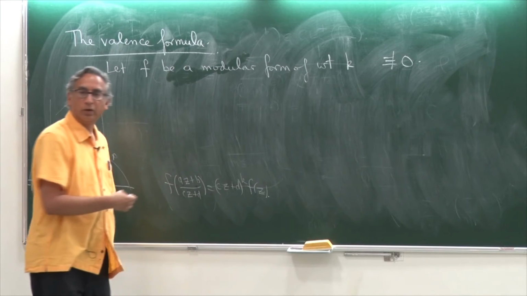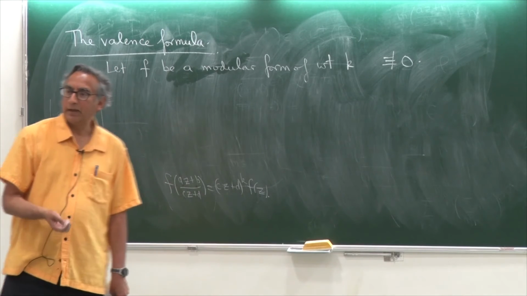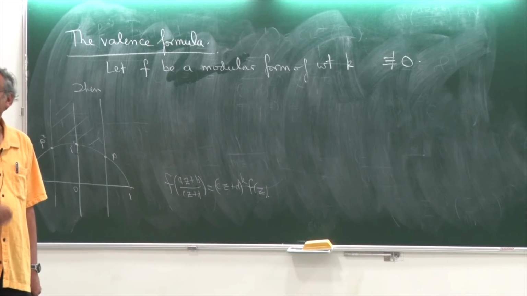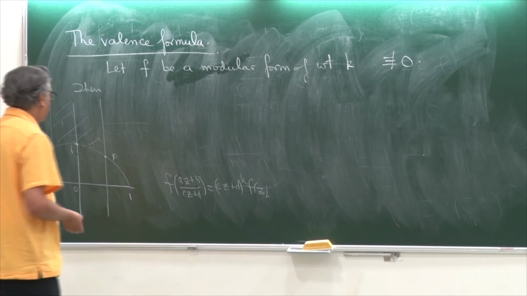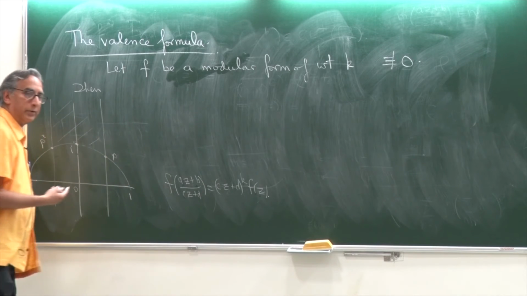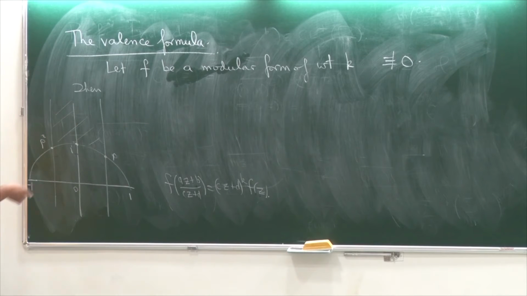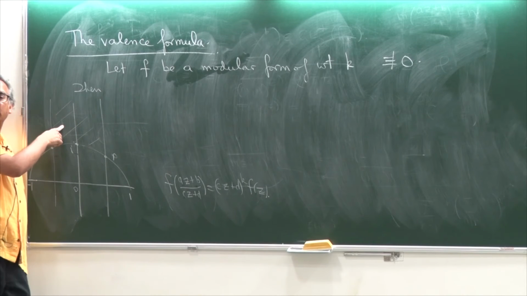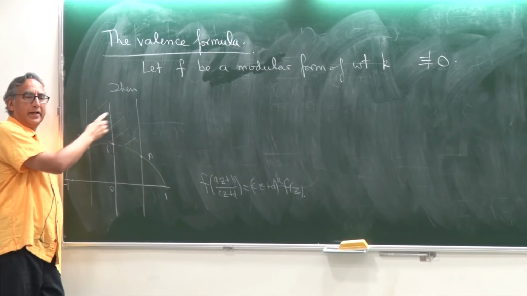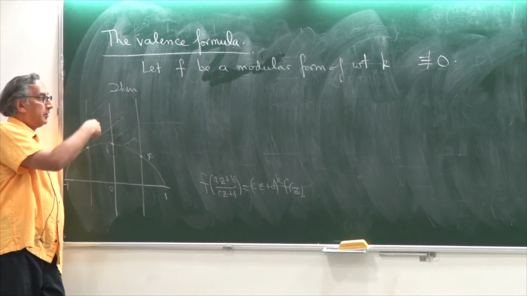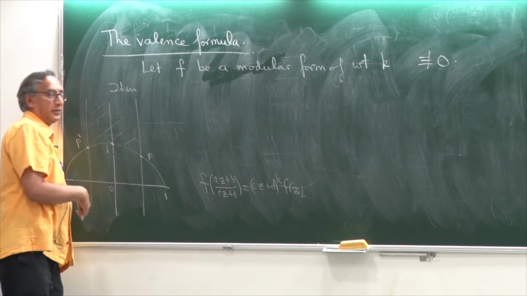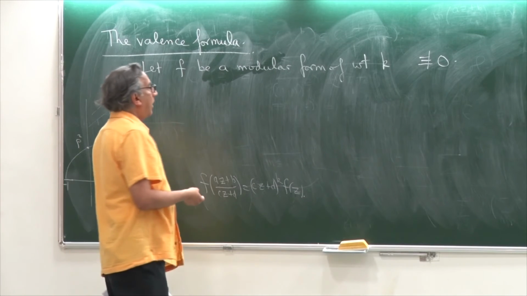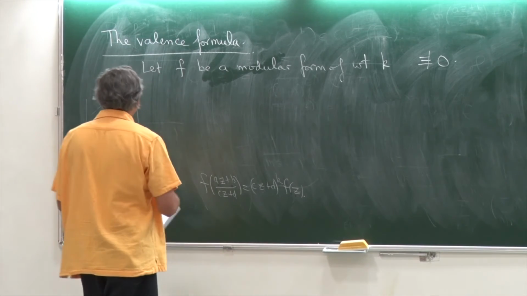In other words, if z naught is a zero of f, so is any SL2Z translate of that. So in order to study the zeros of a modular form, it suffices to study the zeros in the fundamental domain. Because if I identify all the zeros in the fundamental domain, the zeros of the modular form will be all the SL2Z translates of that particular zero. So that's why we'll focus on the fundamental domain.